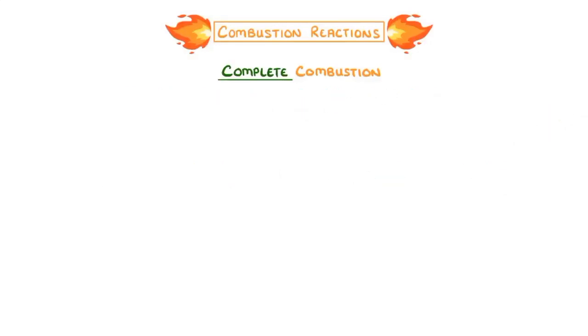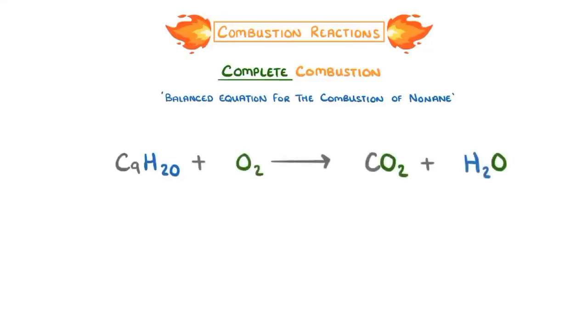As a last example, let's write the balanced equation for the combustion of nonane, which has the molecular formula C9H20. The first step is to write out the unbalanced equation. Then, because nonane has 9 carbons, we know that there will be 9 CO2s on the right. And as it has 20 hydrogens, we'll have to form 10 H2Os.